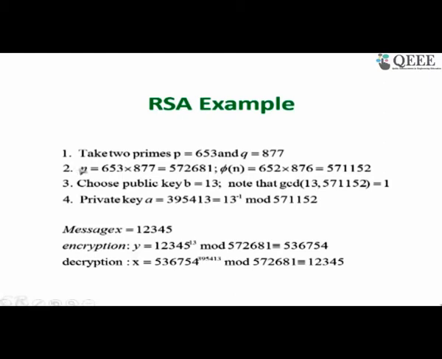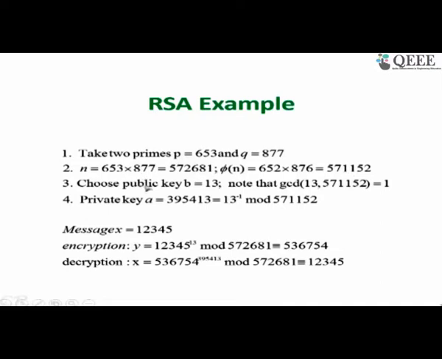And he would find the product of these two primes, that is n, equal to 653 into 877, that is 572,681, and phi of n, which is p minus 1 into q minus 1, that is 652 into 876, that is 571,152.